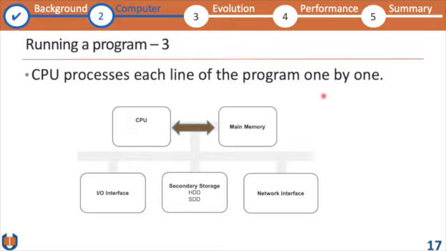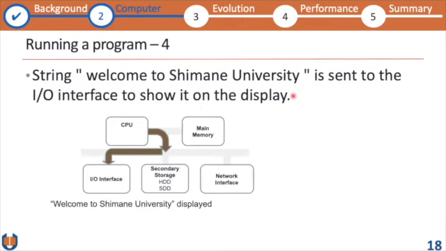The program code is broken down into instructions, and the CPU individually processes every instruction, and once finished, it is sent to the interface, I mean the display that shows welcome to Shimane University. This is a very basic flow of computing hardware architecture and software architecture. So I think you understand the basic flow of computing.